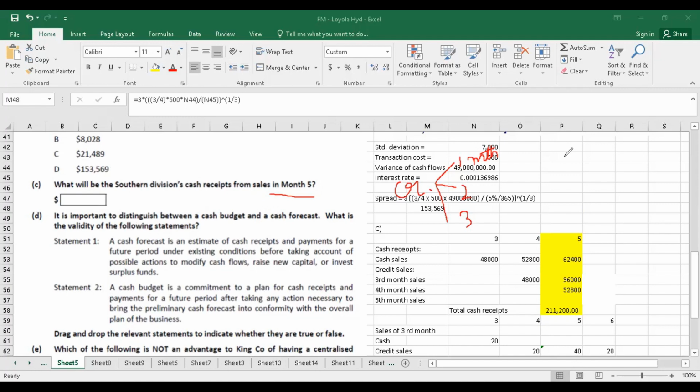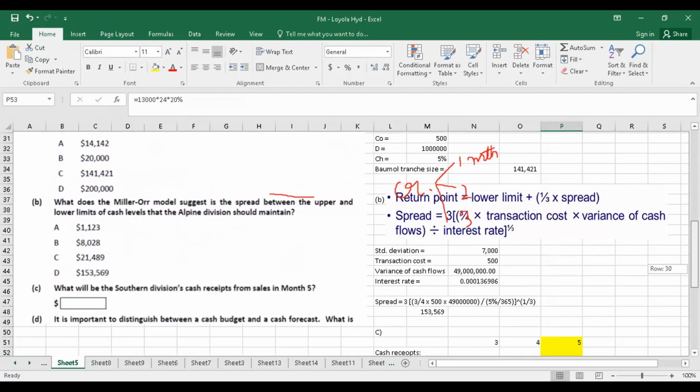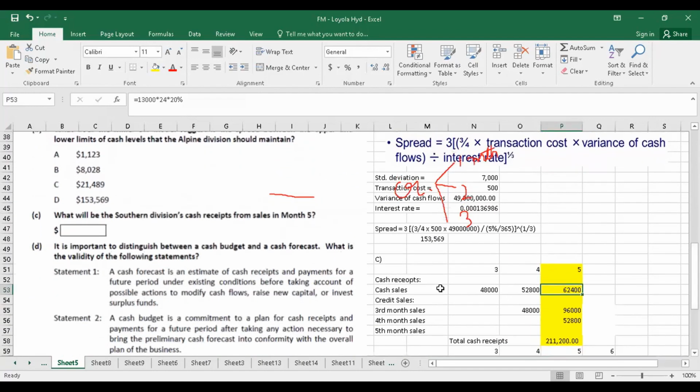So 20% of the 5th month sale, you can look into the formula bar. I am putting it here. The formula bar says 13,000 units which are sold in the 5th month, 13,000 units sold at $24 per unit into cash sales is 20%. So just calculate how much cash is received in the 5th month on account of cash sale.